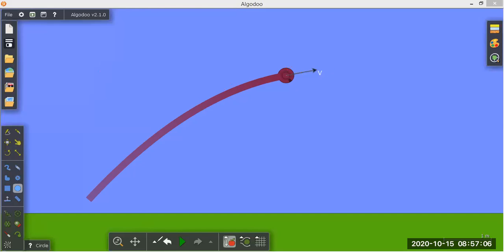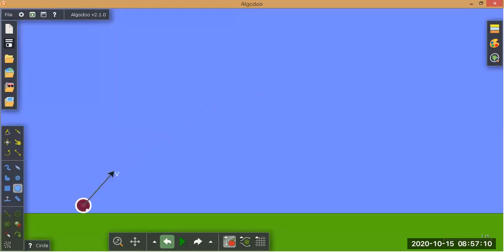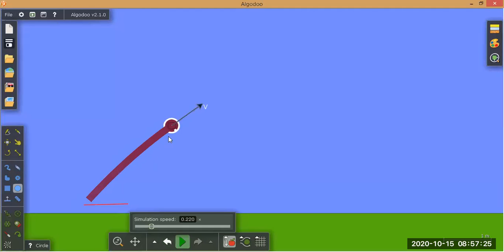But not only that, there's one more thing to observe, and that is the angle. So I'll just draw some horizontal lines. Over here it's like 50 degrees, right? So let's allow it to play. Now let's draw one horizontal line.